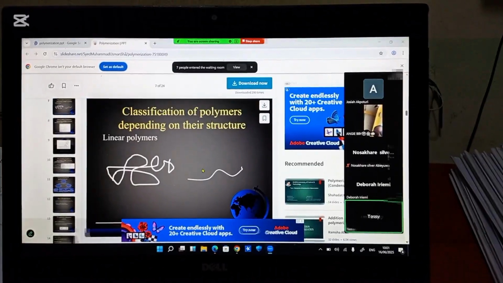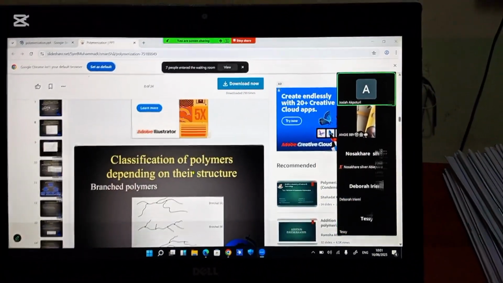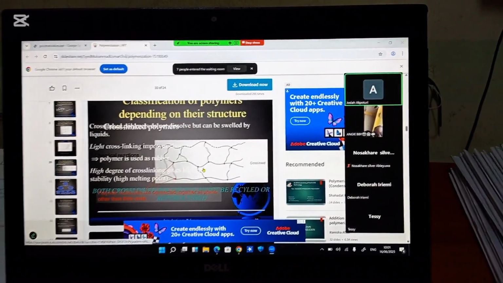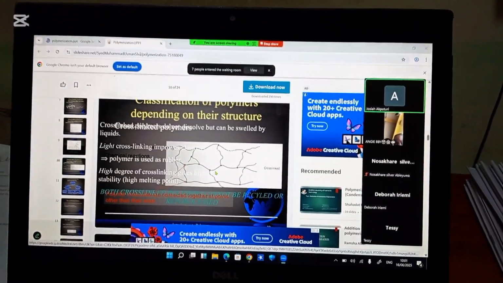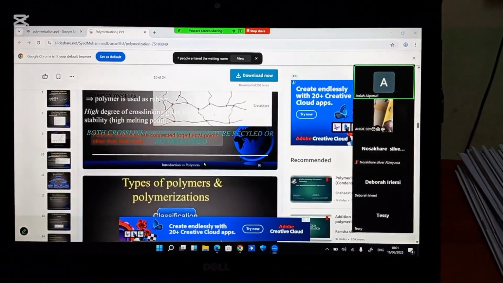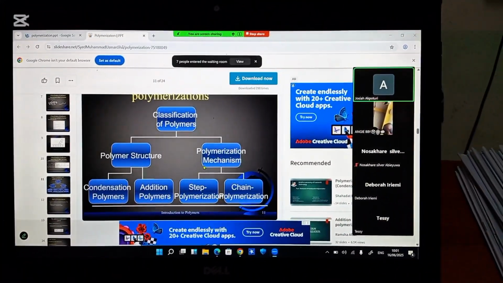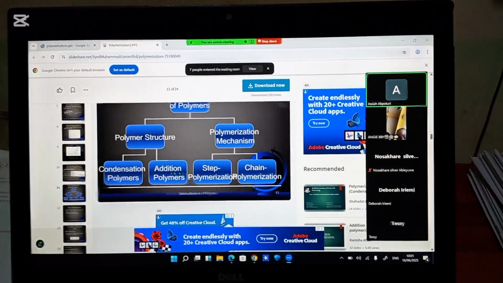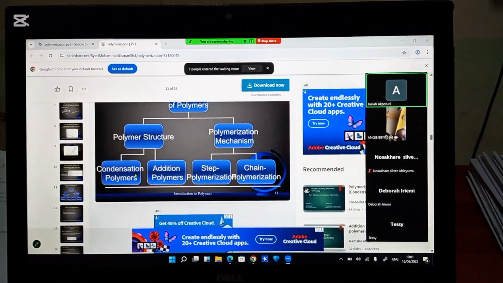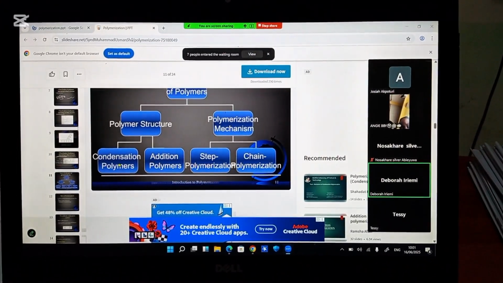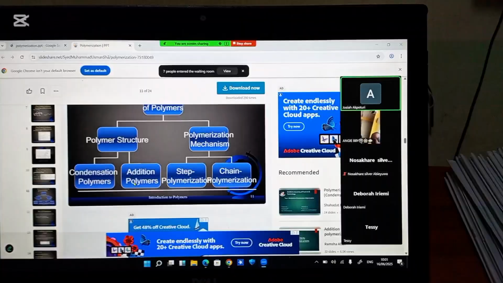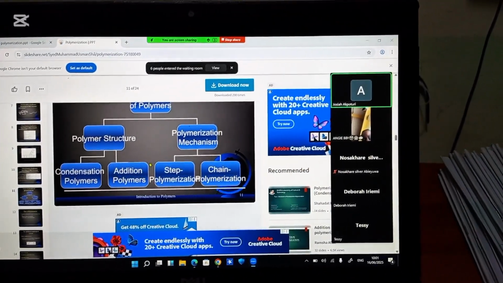Then we classify polymers depending on the structure, but we have not gotten to that yet. Instead, yesterday we talked about the two types of polymerization. We said we have chain reaction polymerization, which is also called addition polymerization, and condensation polymerization, which is the same thing as step polymerization.